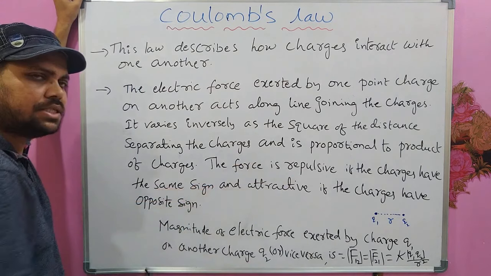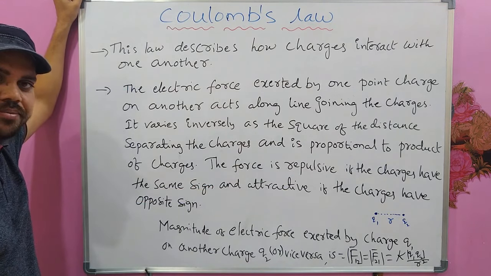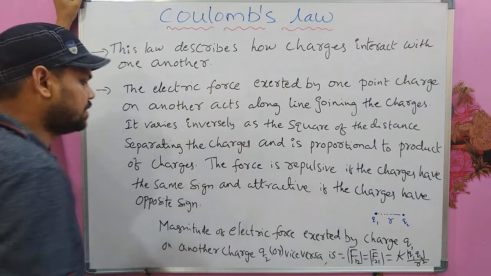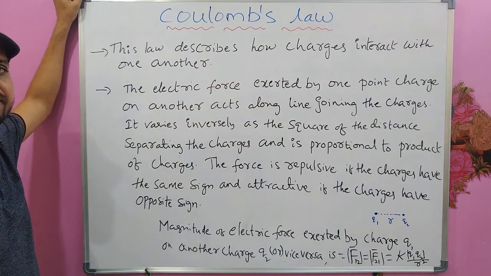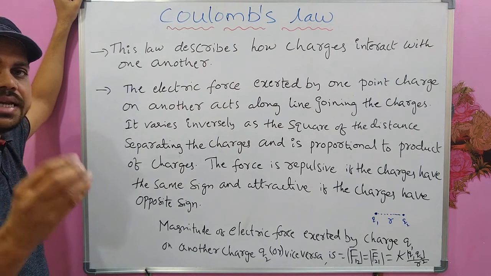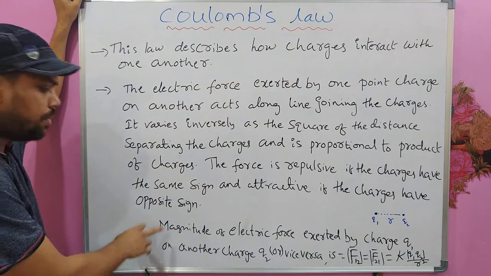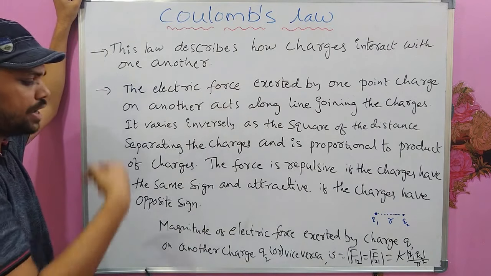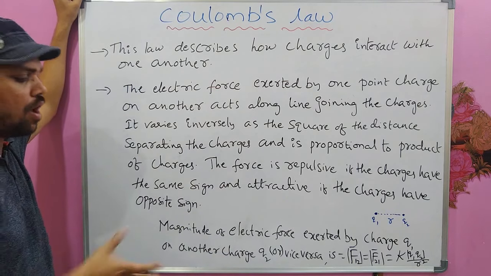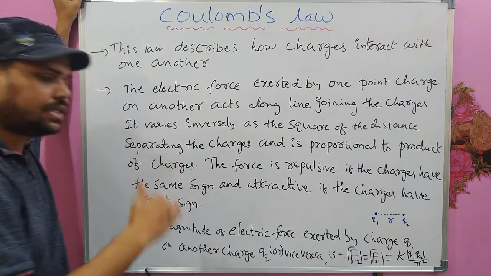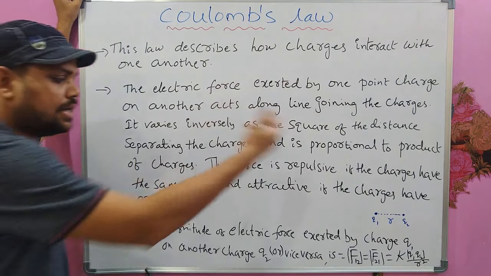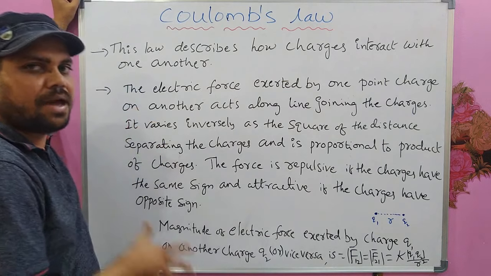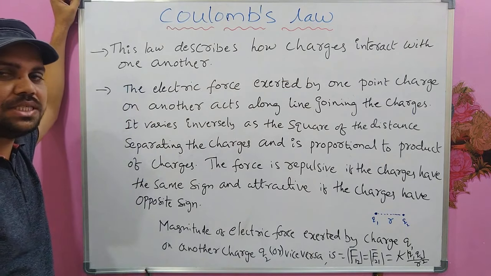The force is repulsive if the charges have the same sign, like charges repel each other, and attractive if the charges have opposite sign, unlike charges attract each other. The magnitude of the force exerted by Q1 on Q2, and by Q2 on Q1, would be the same in magnitude but opposite in direction.